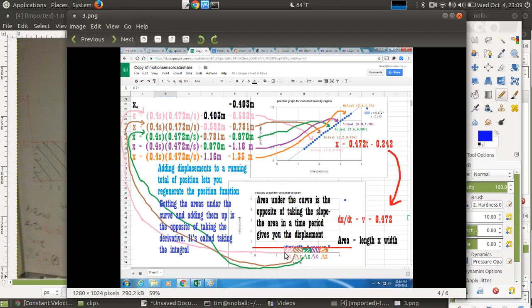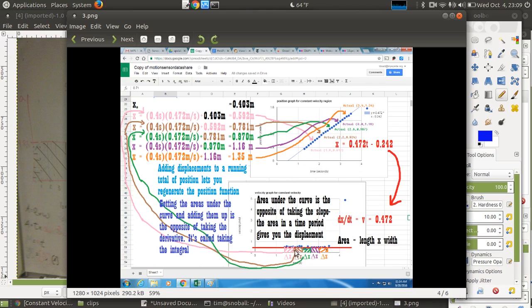I drew a rectangle representing that constant velocity of 0.472 for a certain amount of time. And the area of that rectangle, I then added, length times width, to my original value, and I got 0.592. When I plotted that on the original graph, I got something really close to what the original position graph said.